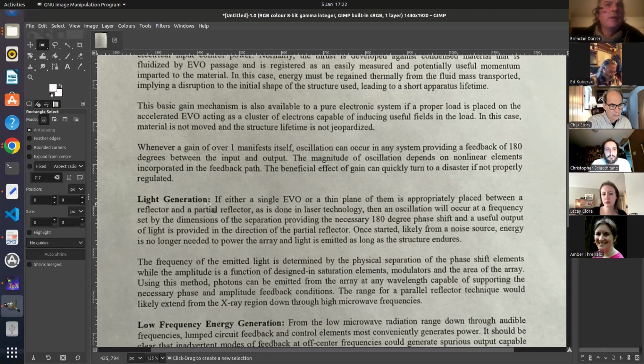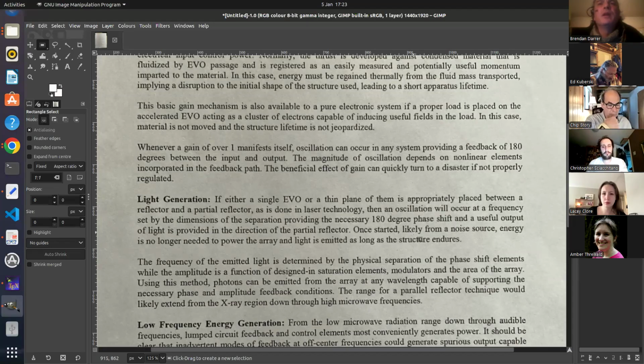Light generation. If either a single EVO or a thin plane of them is appropriately placed between a reflector and a partial reflector, as is done in laser technology, then an oscillation will occur at a frequency set by the dimensions of the separation, providing the necessary 180-degree phase shift, and a useful output of light is provided in the direction of the partial reflector.